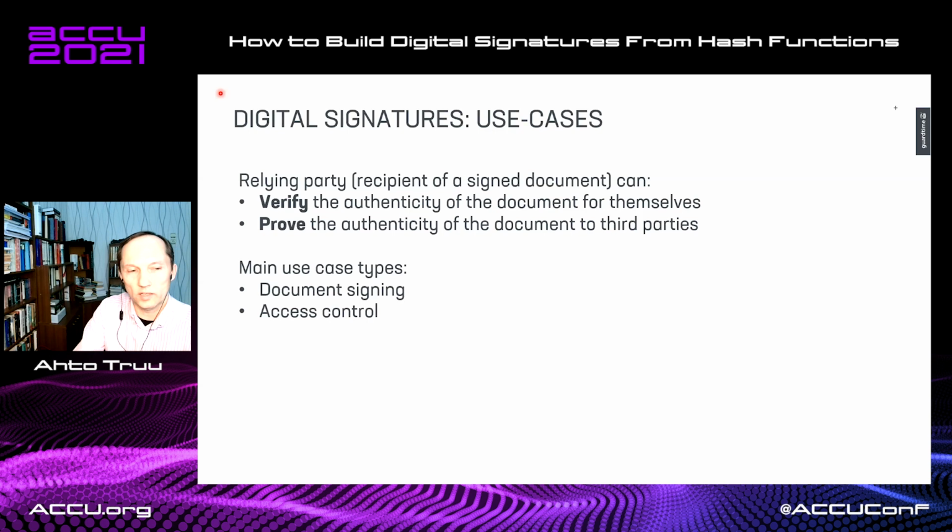Whereas in the document signing context, typically the intention is that I will file away the signed document so that I will have it available as evidence if I later need to prove to somebody that this document was indeed signed by the appropriate party. So there are technical differences, and also philosophical differences in the meaning of the signature in those two use cases. But the solutions can be used for both.